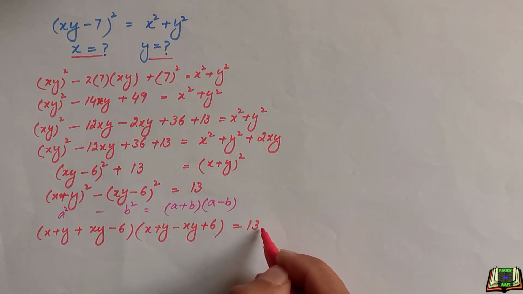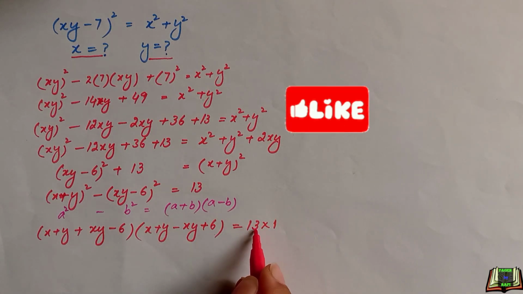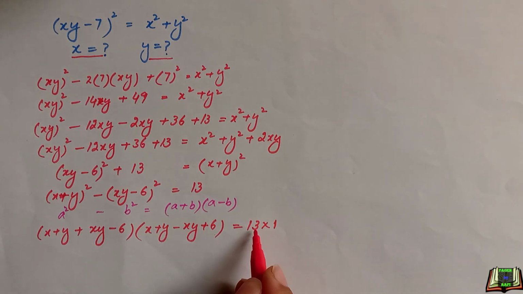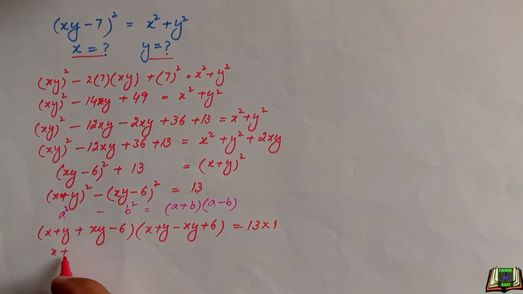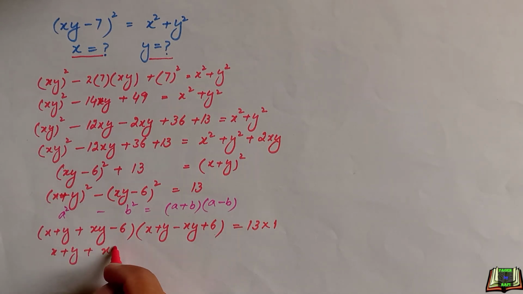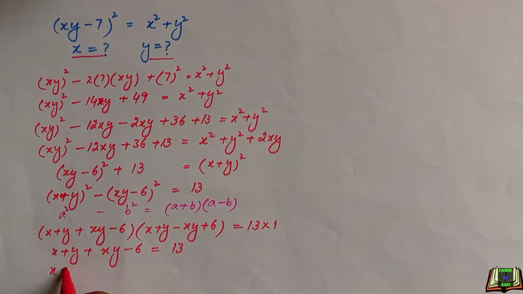On the left-hand side we have two factors, but on the right-hand side it's 13 only. We have to find the factors of 13: 13 times 1. So one part is equal to 13 and the other part is equal to 1. x + y + xy − 6 = 13, and x + y − xy + 6 = 1.